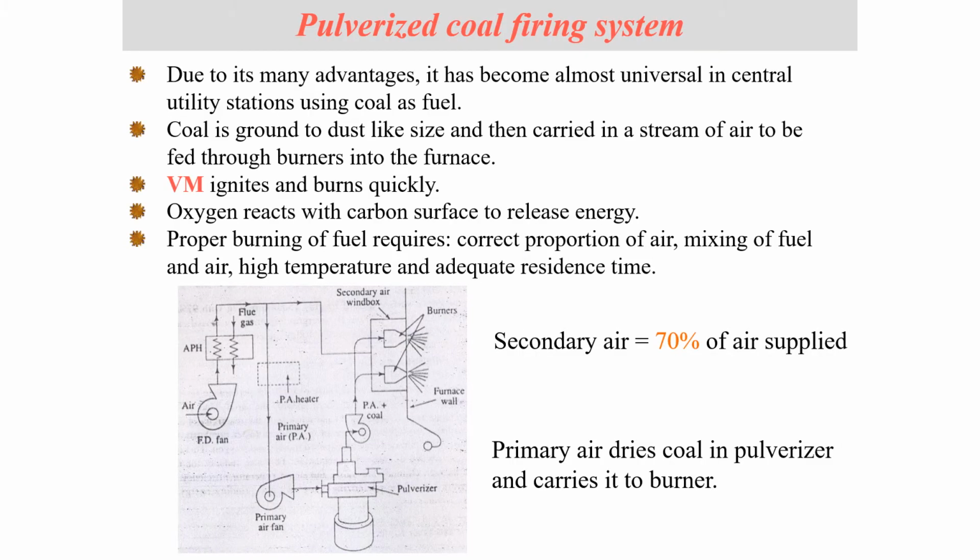So, as you can see here, what we do is we supply coal to this pulverizer and we supply hot air to this, and we use this air to actually transport this coal up to burners.